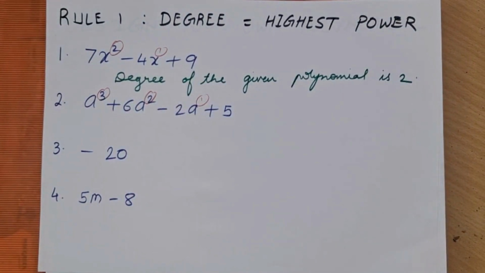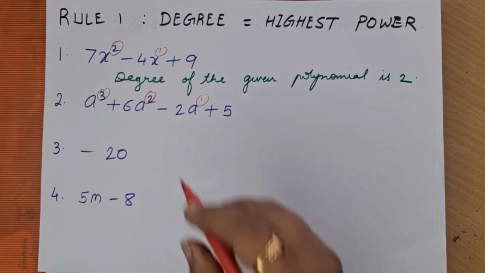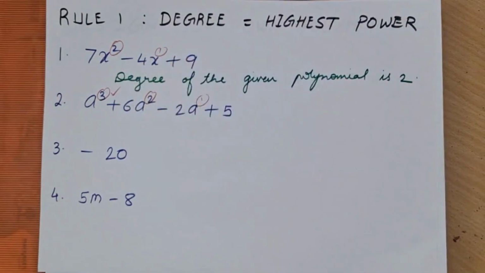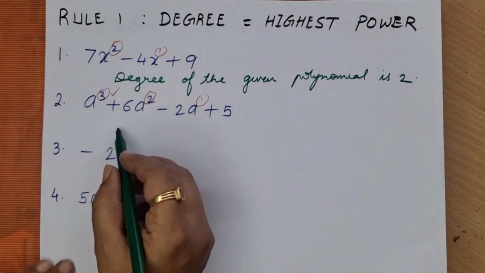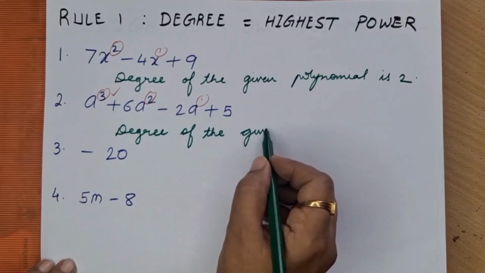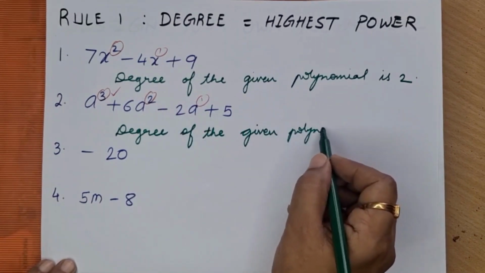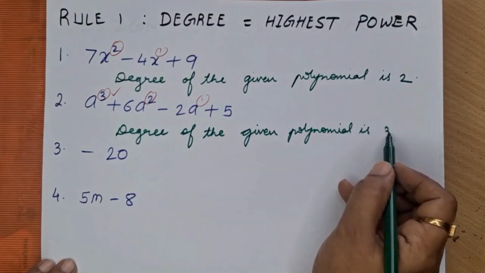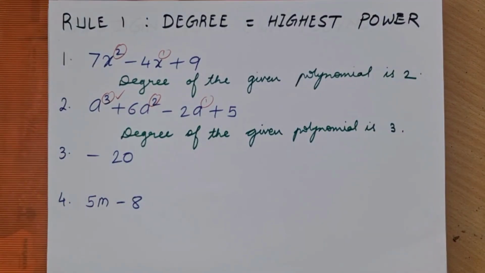Don't look at anything else. Just grab the biggest one. The highest power is 3. So, the degree is 3. Now, let's write the answer. Degree of the given polynomial, nothing else but 3.